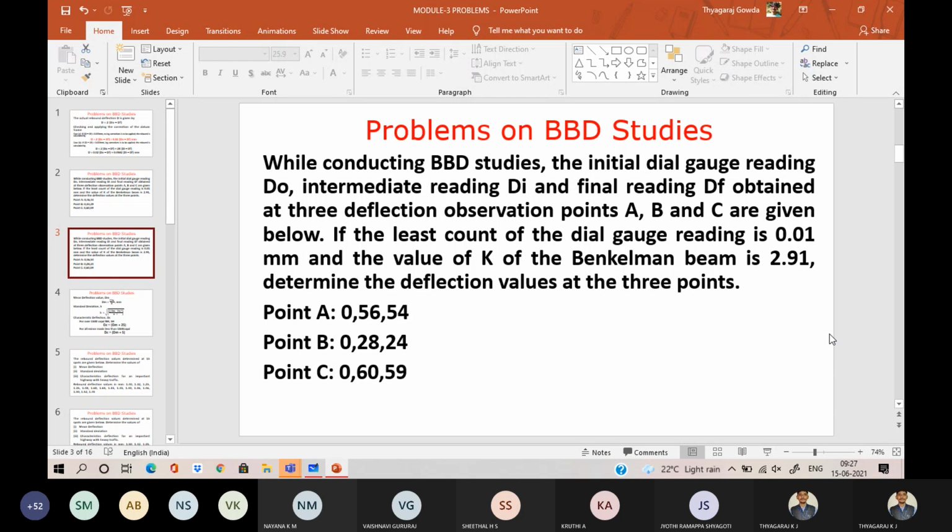While conducting BBD studies, the initial dial gauge reading D0, intermediate reading DI, and final reading DF, obtained at 3 deflection observation points A, B, and C, are given below.